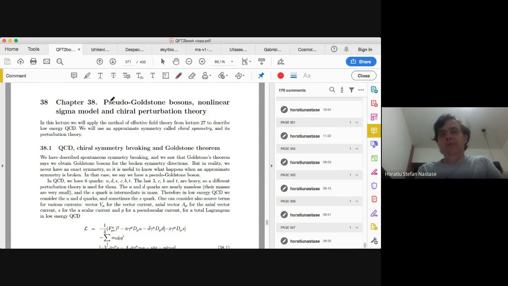The formalism of pseudo-Goldstone bosons, nonlinear sigma model, and what is known in QCD as chiral perturbation theory. So specifically, it's an application of the effective field theory methods for this low energy QCD.